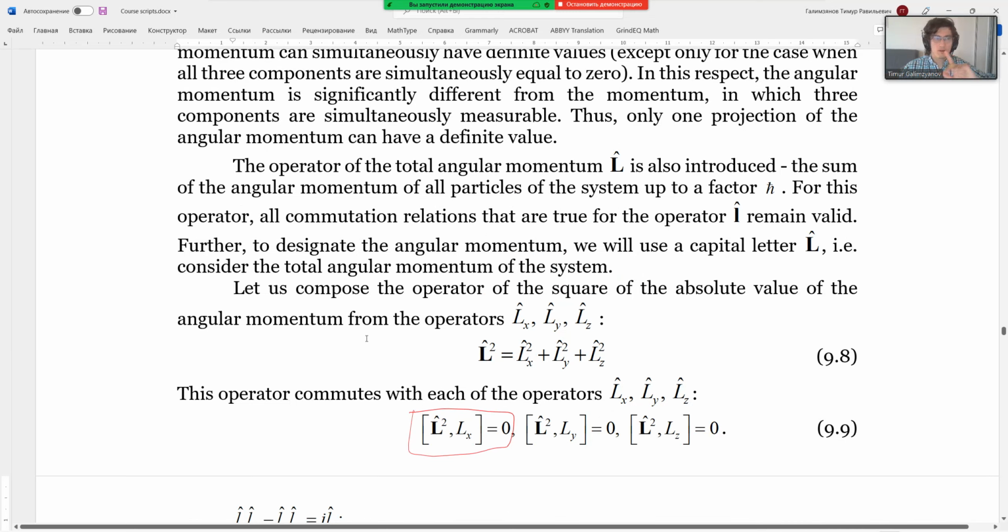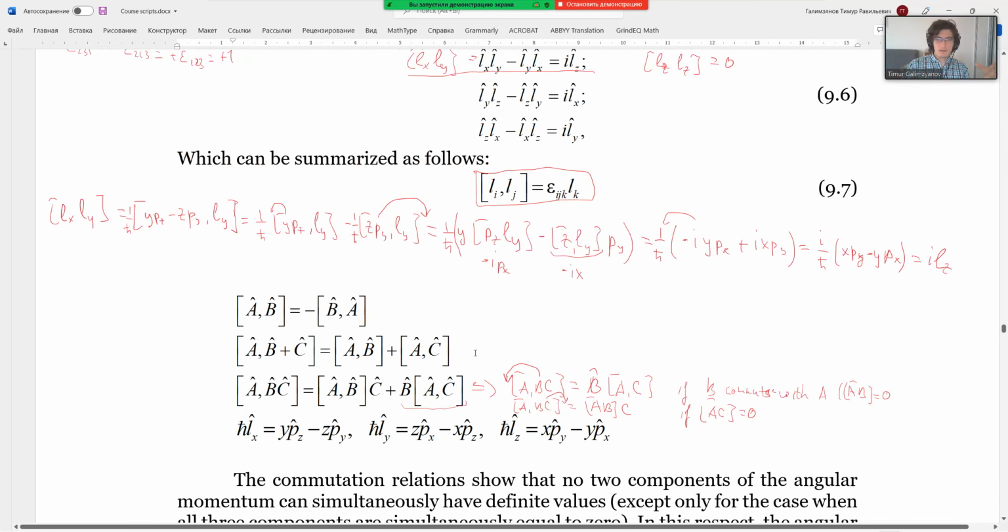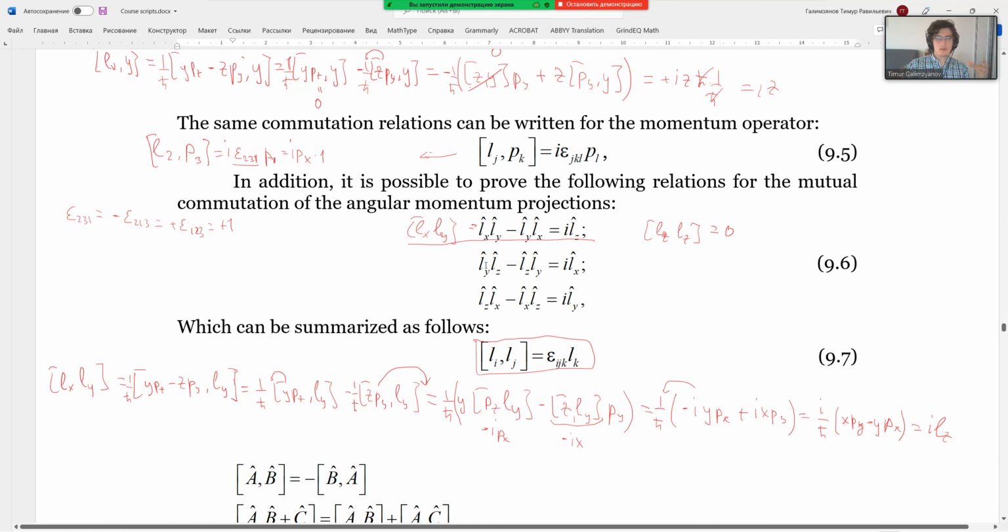I'm sorry, one more thing. Here we have introduced the large letter L, which stands for the sum of angular momentum of all particles. So this small l is the angular momentum of a single particle.